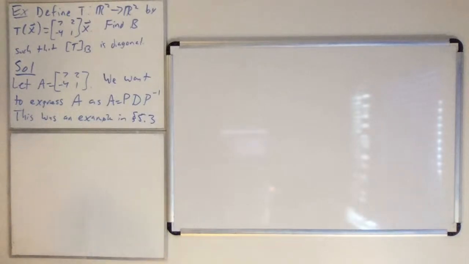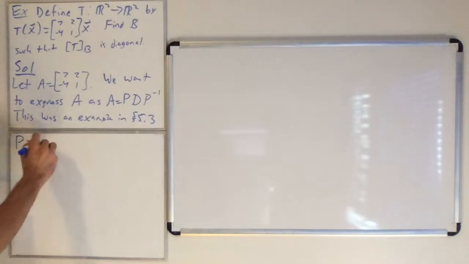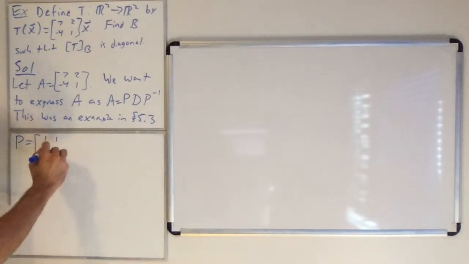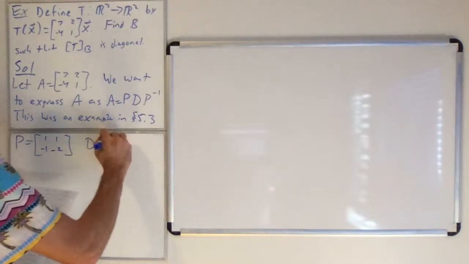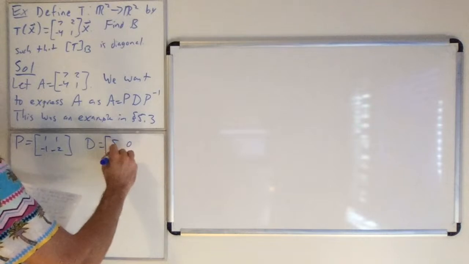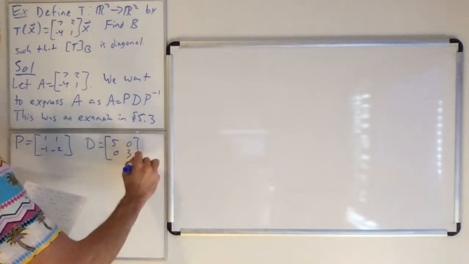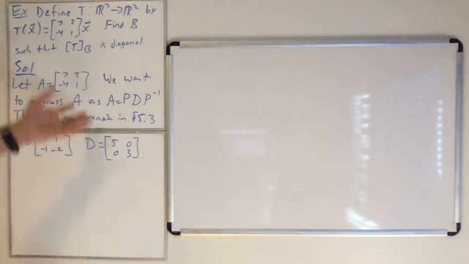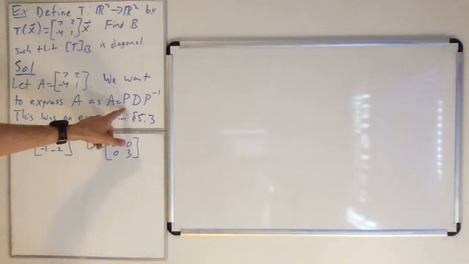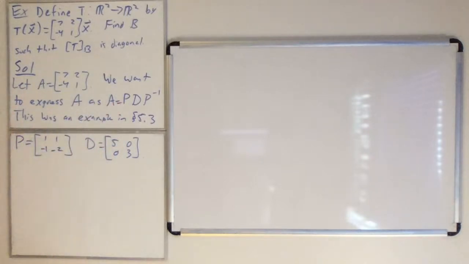So we found that P is equal to [1, -1; 1, -2], and D was equal to [5, 0; 0, 3]. Okay, and so my question is, how do we finish the problem? We diagonalized it, but how do we get our basis from this information?